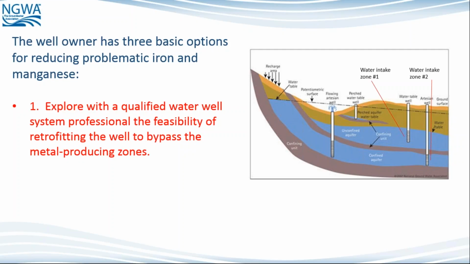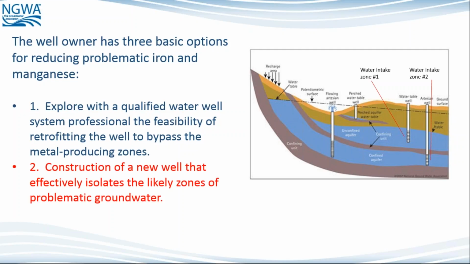But if we knew that, we could have a well professional come in and look at the feasibility of blocking that producing area of the formation and not allowing water to come in from that formation, which would then either reduce or eliminate the concentration of iron or manganese in our water well.